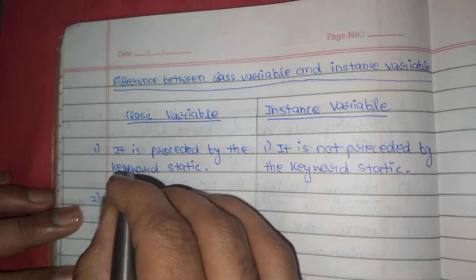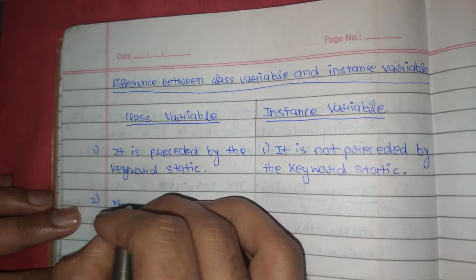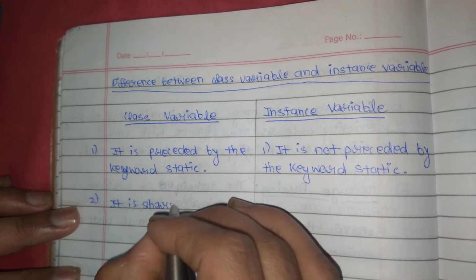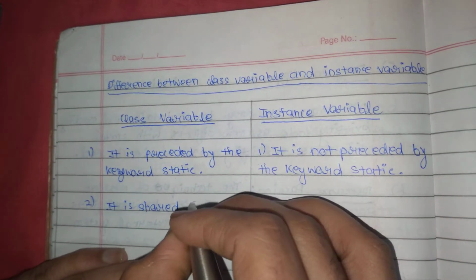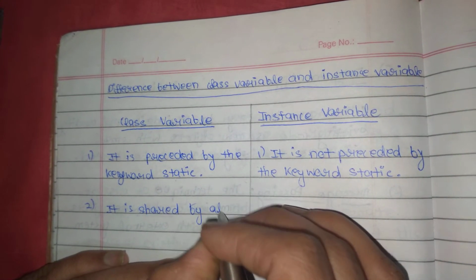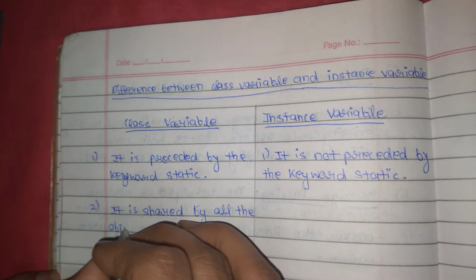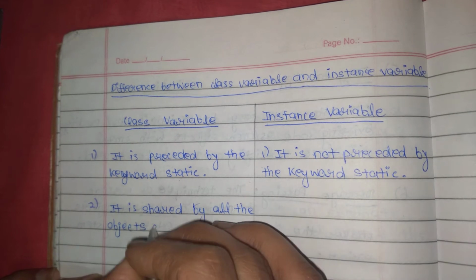Then the second point: a class variable is shared by all the objects of the class.